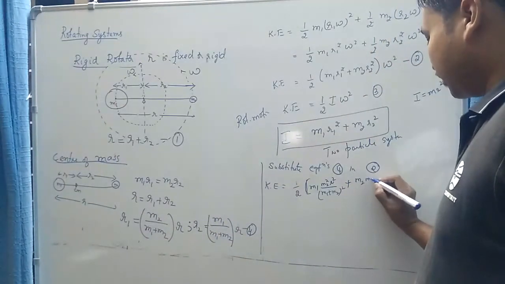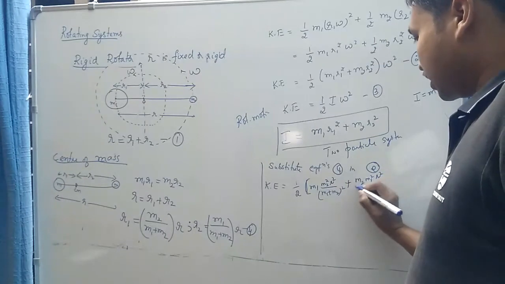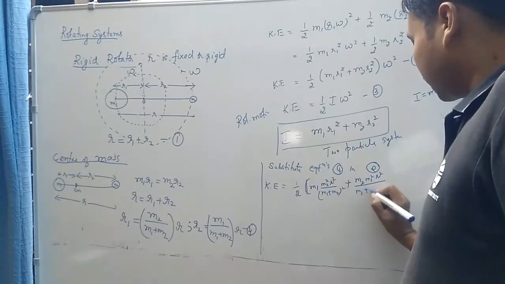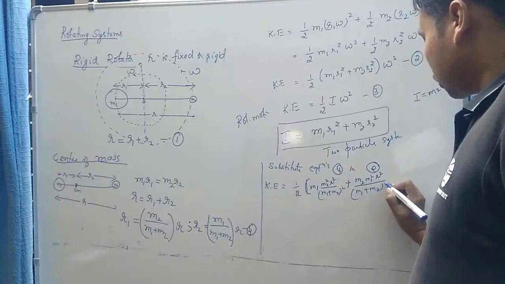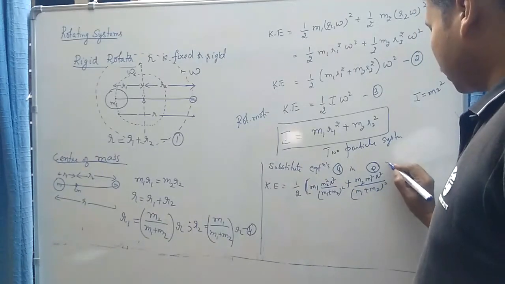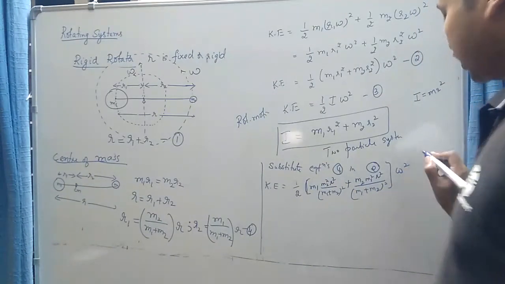Squaring this will become m1 square r square divided by m1 plus m2 square, into omega square.